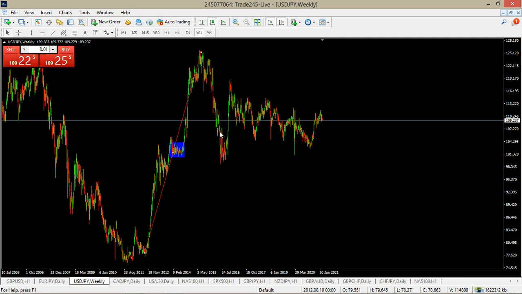Then we also have the second movement, which is bearish. Remember that the upward movement is bullish, and the downward movement is bearish. We talk about these movements; it's the language of forex, the language that we use. And then here again we had another bullish movement before the final one.